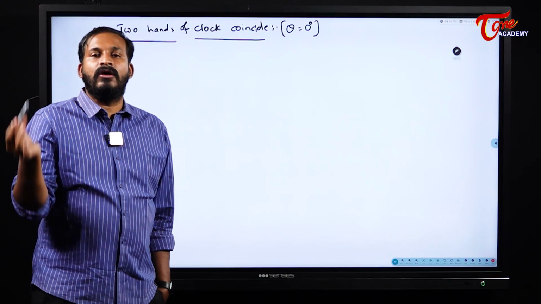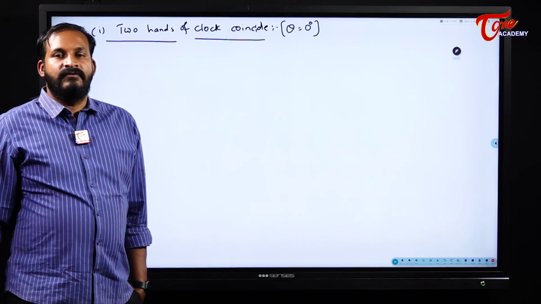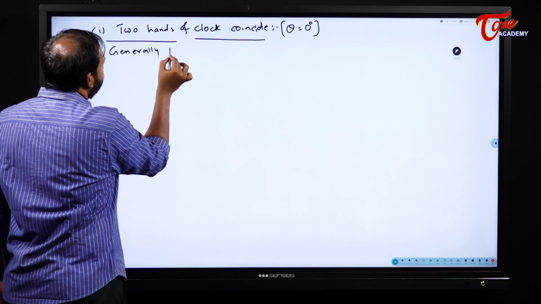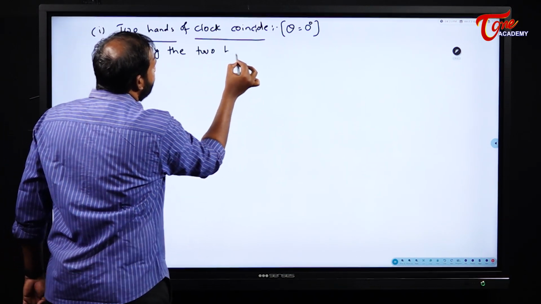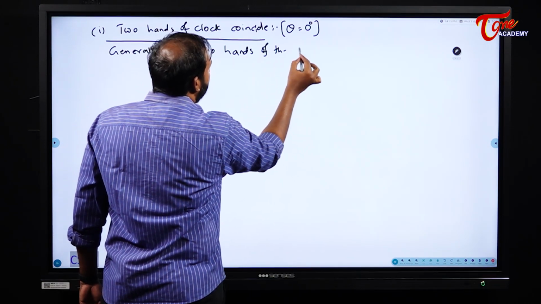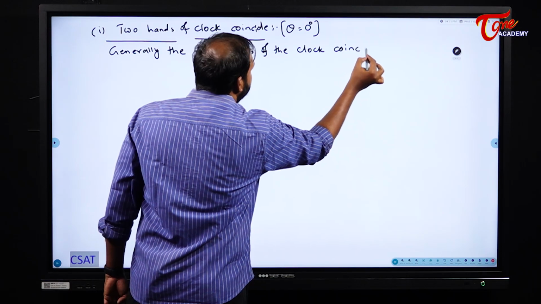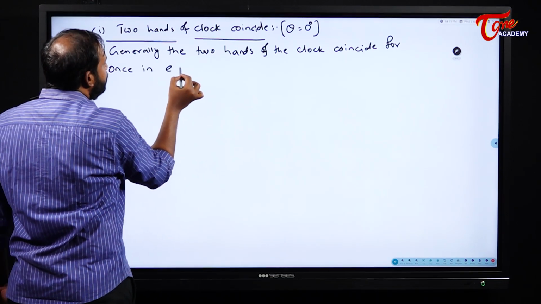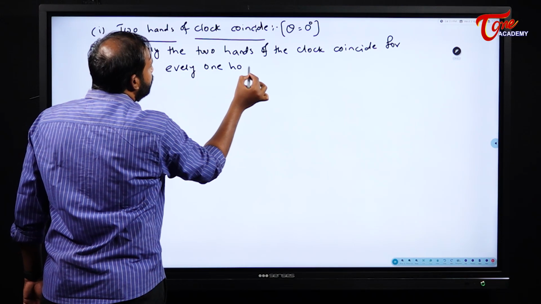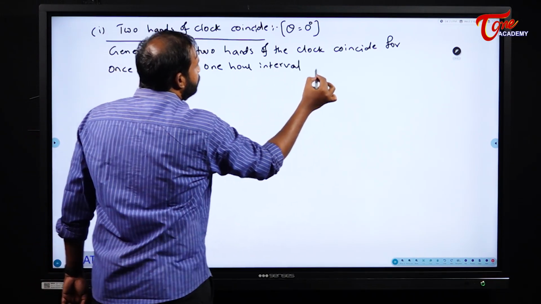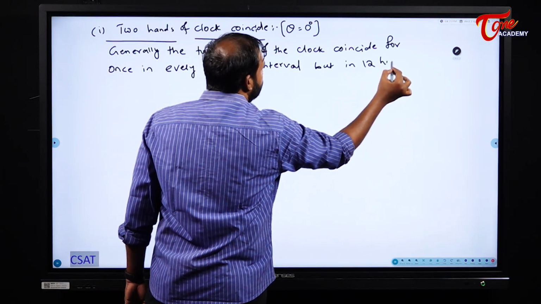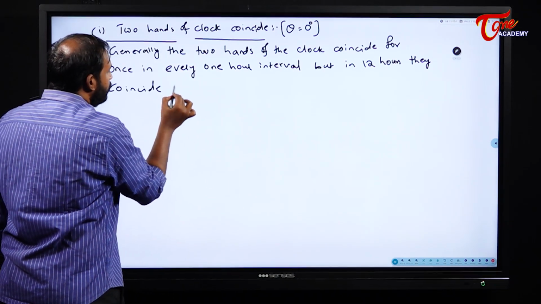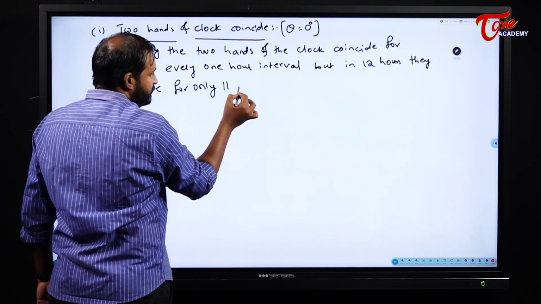Now, generally the two hands of the clock coincide once in every 1 hour interval, but in 12 hours they coincide for only 11 times.